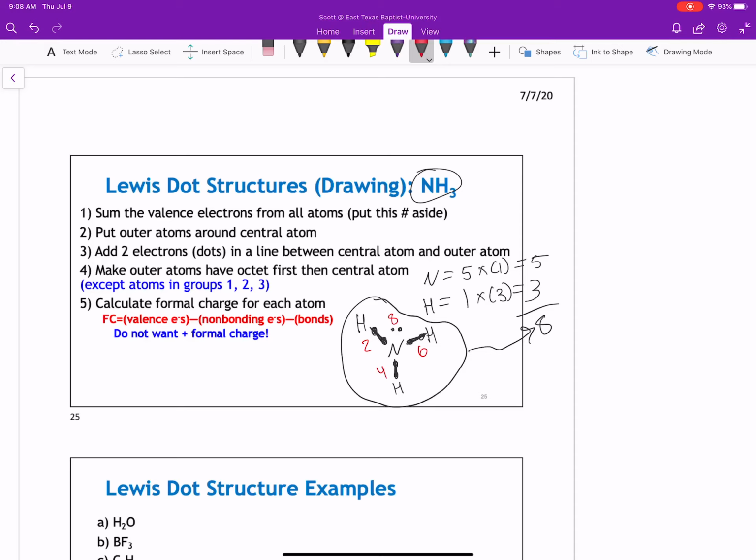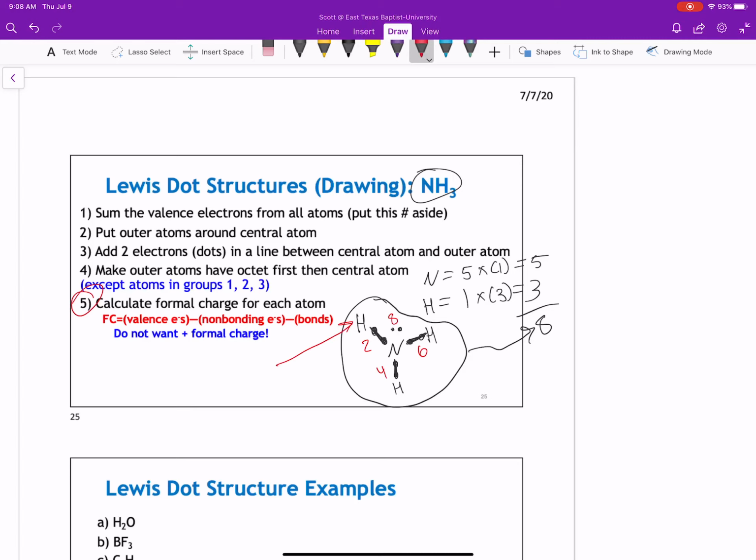Then you would go look at your diagram to see if you drew it properly as a trigonal pyramid. And then here is number 5, calculate the formal charge for each atom. Formal charge is simply number of valence electrons minus number of non-bonding electrons minus number of bonds. Just to quickly do that, let's take this H for example.